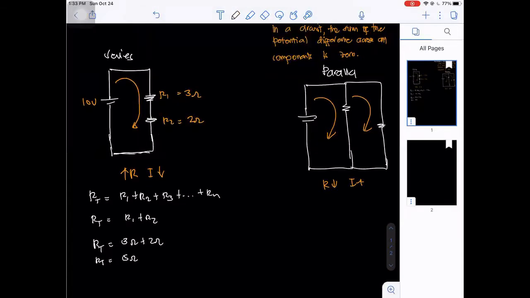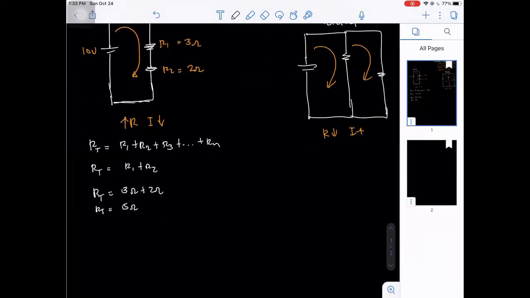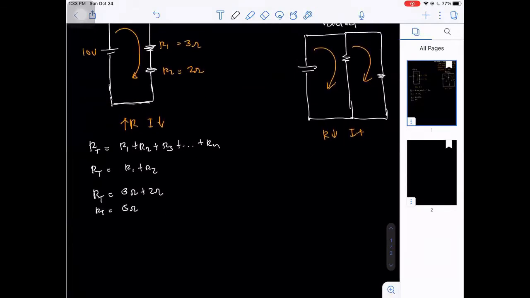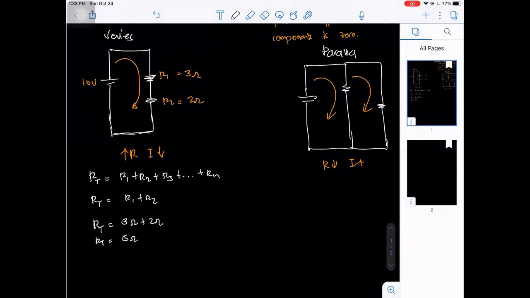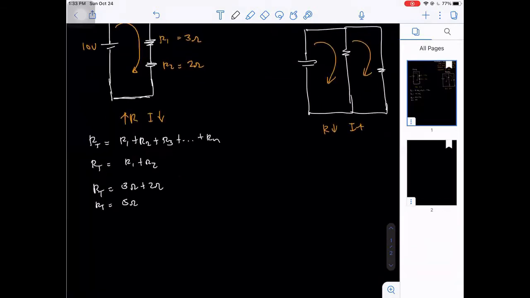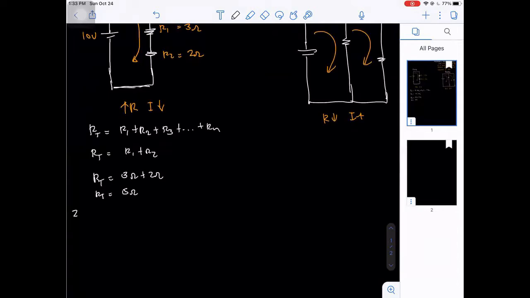Our next step is to solve for the total current flowing in the circuit. We can use Ohm's law, using the formula V is equal to IR.